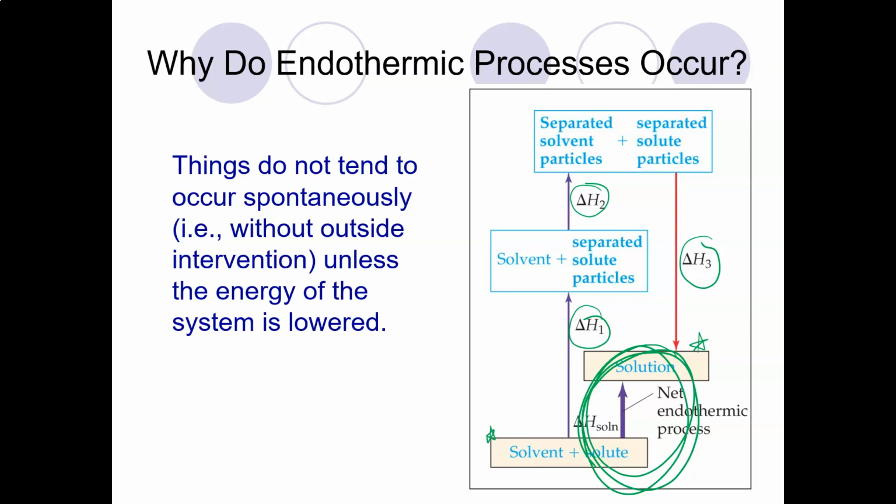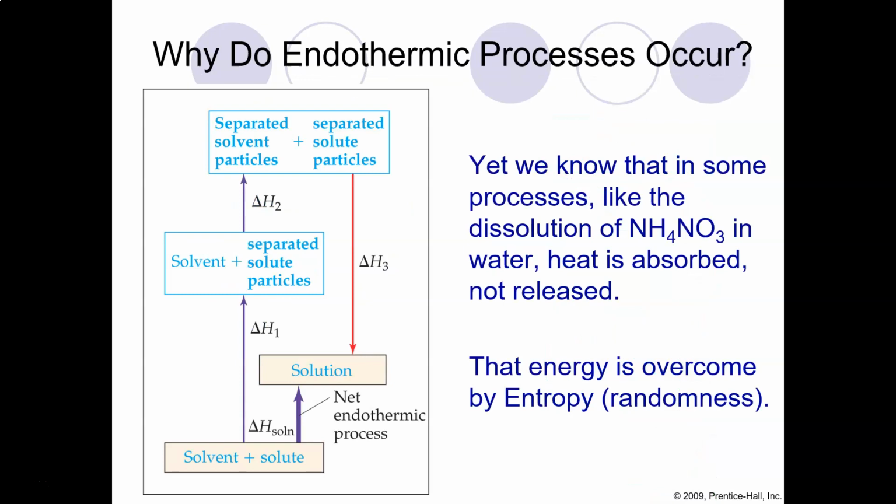Sometimes when I mix these together, it's exothermic, where the solution would be down here somewhere. What changes are the sizes of these 3 arrows, and those are unique to each situation. So this is just showing how we would determine if something is endothermic or exothermic by looking at these 3 steps. So this one is endothermic.